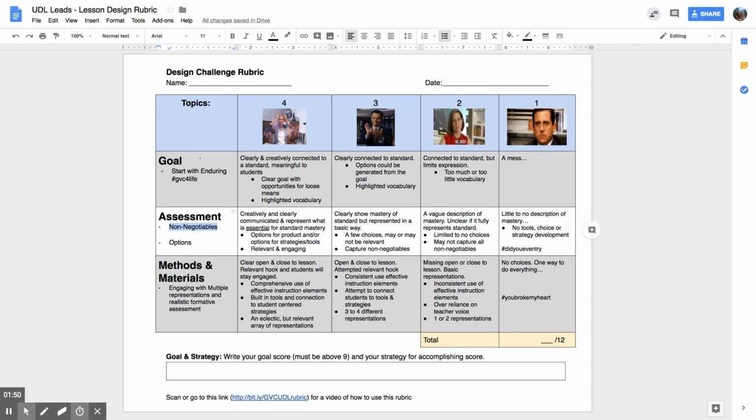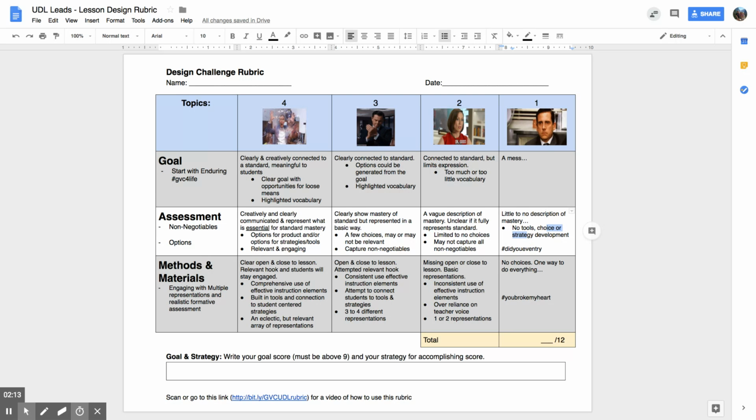Understanding what those non-negotiables are really helps create clarity around what you're actually assessing. It limits your options, or gives you the options that will actually create the outcomes that you want. Like I said before, there's a series of what a 4 could look like, what a 3, a 2, and a 1.